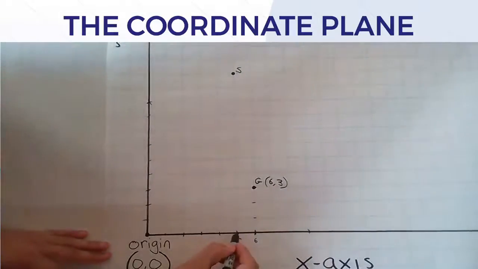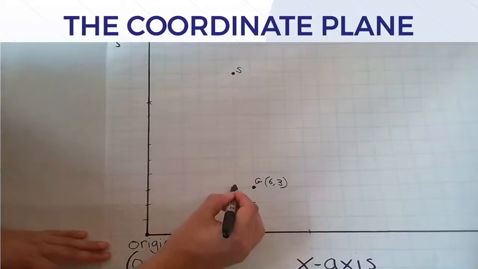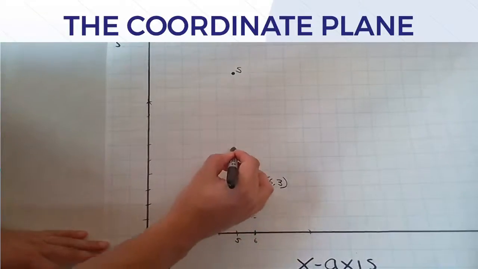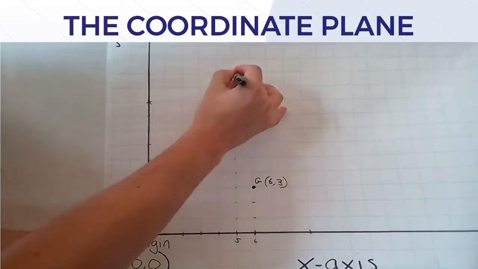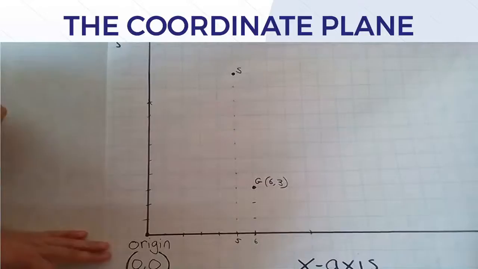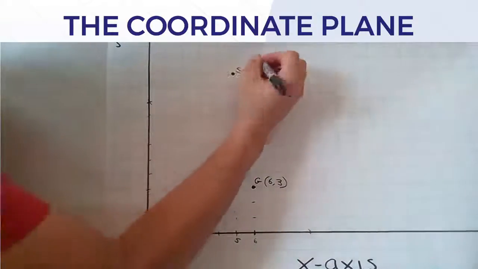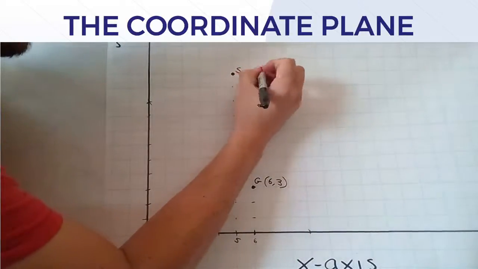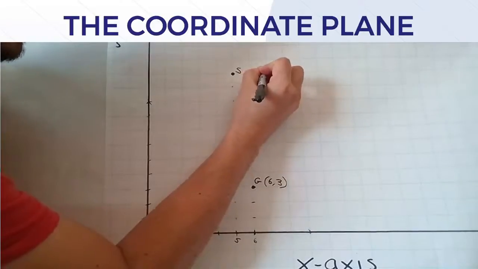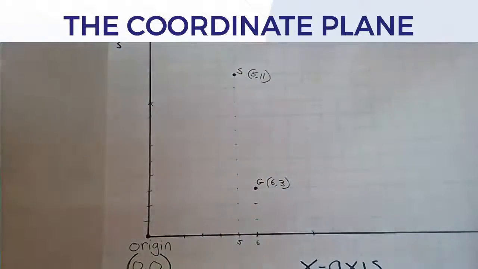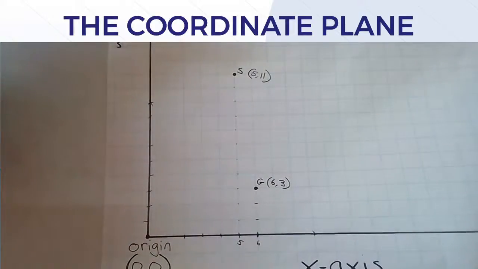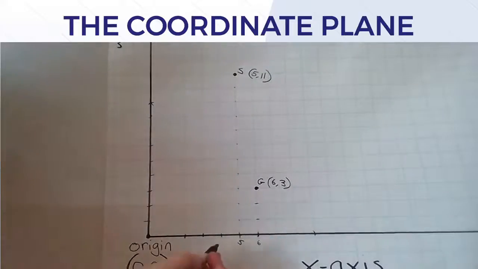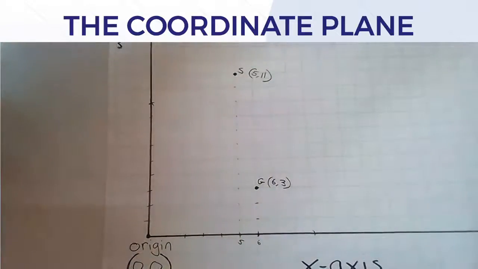And then how many blocks up? 1, 2, 3, 4, 5, 6, 7, 8, 9, 10, 11. So we have 5, comma 11, showing 5 blocks over, 11 blocks up, and then how many blocks total did we have to walk? Yeah, just add them together. 5 plus 11 equals 16.